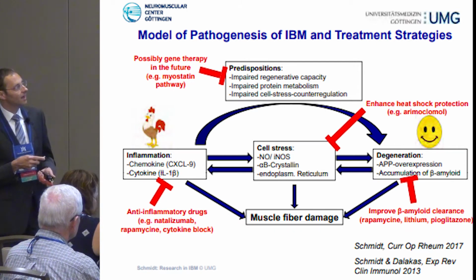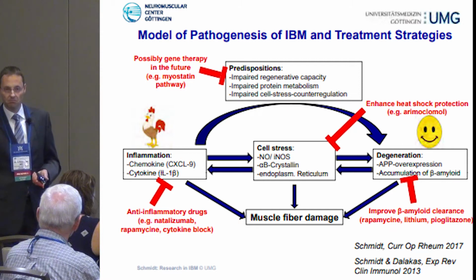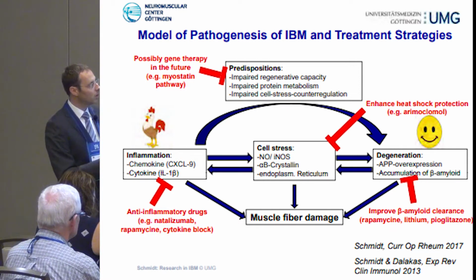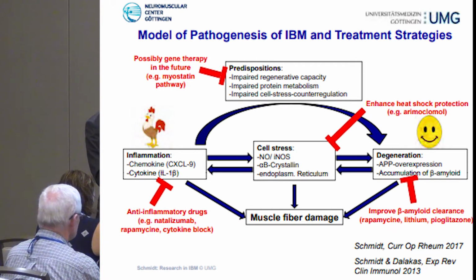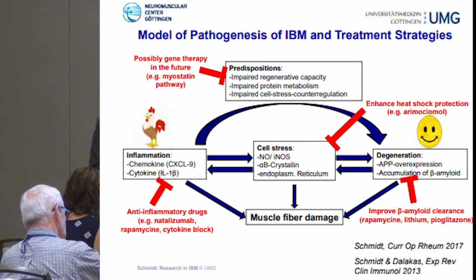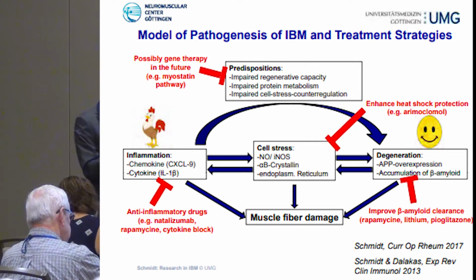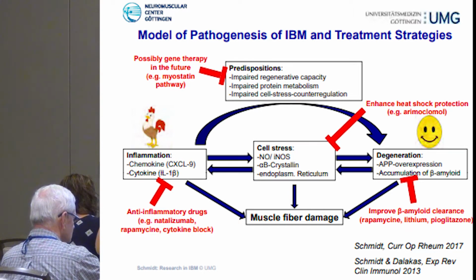So I think it is possible for the far future, but for the moment, probably gene therapy, I mean. But I think for the moment, we have to concentrate on the cell stress and inflammation and degeneration, and then maybe dream of the gene correction for the future.